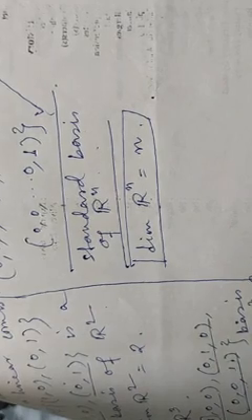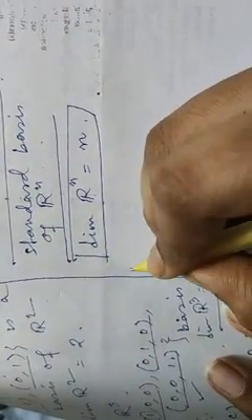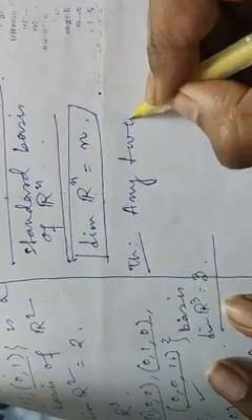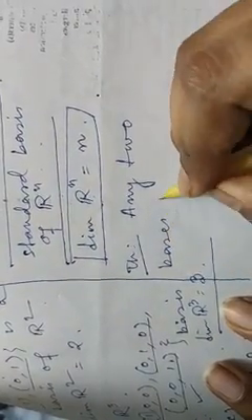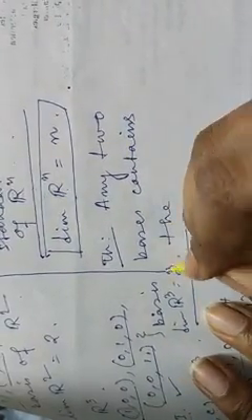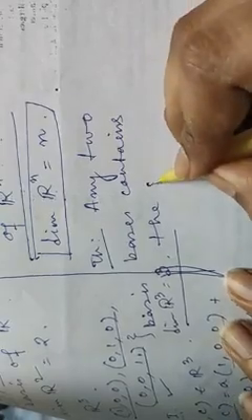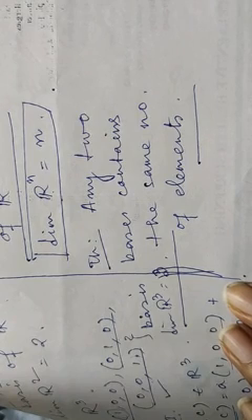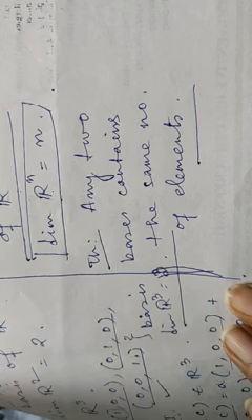And there is another standard result, that any two bases contain the same number of elements, not the same elements, the same number of elements. That means the number of elements in the basis denotes the dimension of the space.